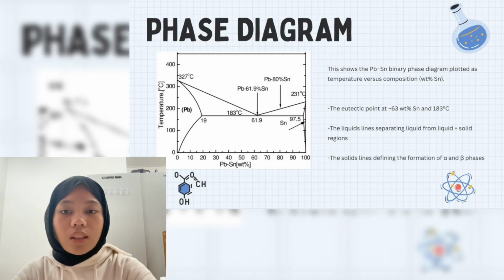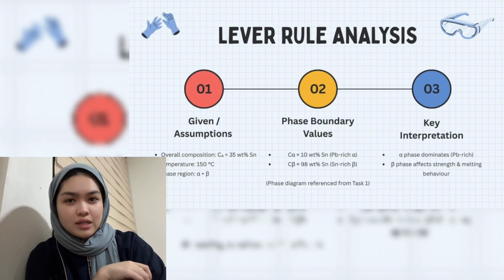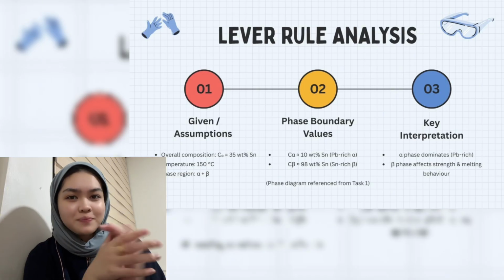Below the eutectic temperature, the alloy exists as a mixture of alpha and beta solid phases. Overall, this phase diagram helps us to understand how PBSN alloys solidify and why the eutectic composition is so important in soldering applications.